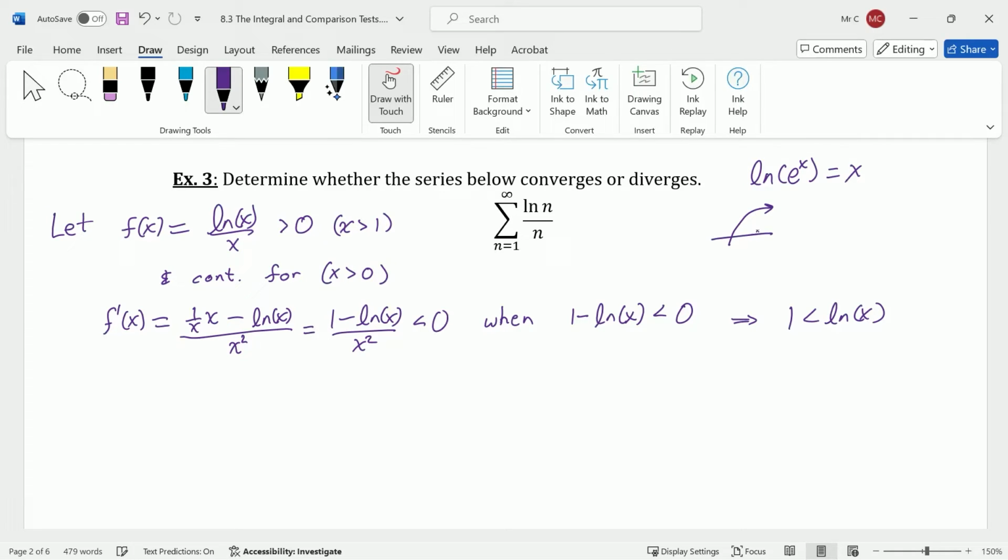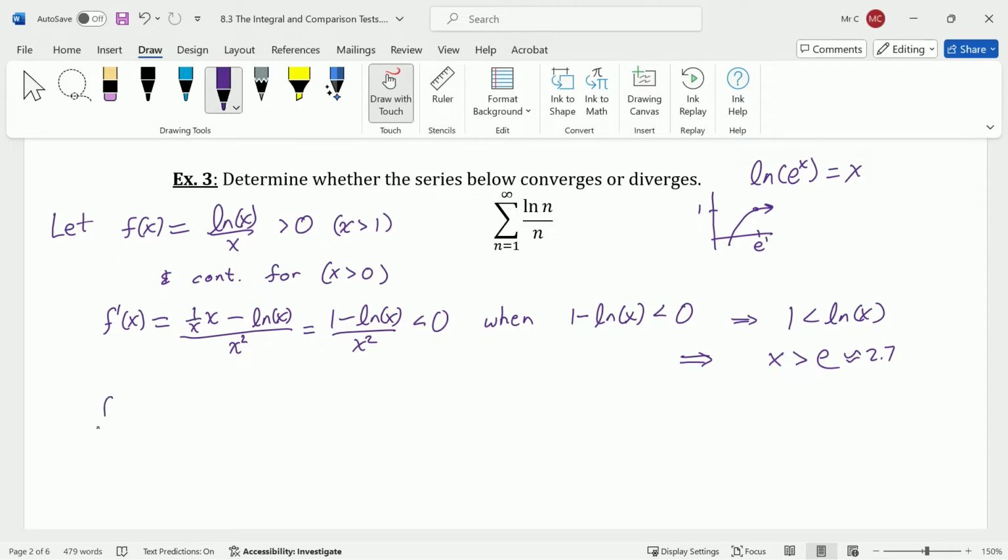So once I cross e to the first power, all of my values for the function will be bigger than 1. So that implies that x would have to be bigger than e, which is roughly 2.7-ish.